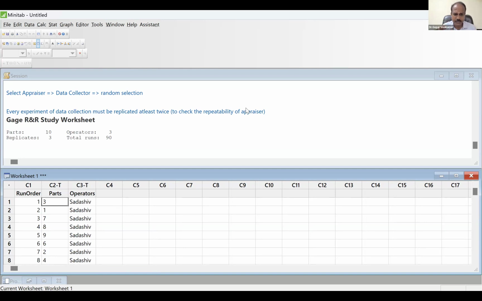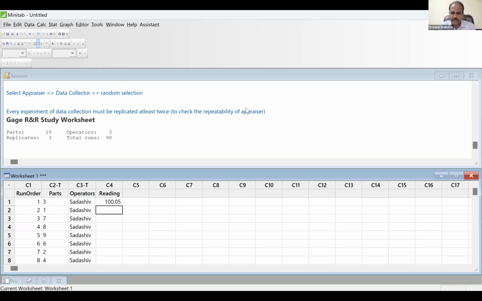He will pick up part number 3 and he will be measuring, and that reading must be recorded here. Let's say his reading is 100.05. The equipment resolution is 0.01, so 2 decimals are coming.